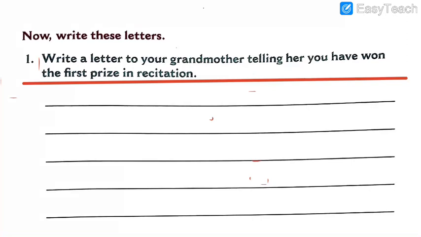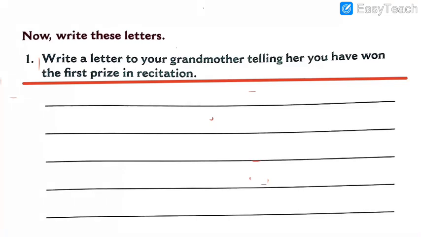Now, like I said even in the previous lecture, you might have the question: sir, how can we write the letter to our grandmother? Our grandmother is living with us only. Students, whatever the reason is, still here the question is, you have to write the letter to your grandmother. So I or the textbook publisher cannot change the question for every person, right?